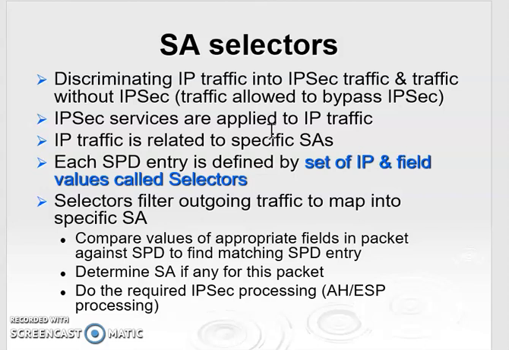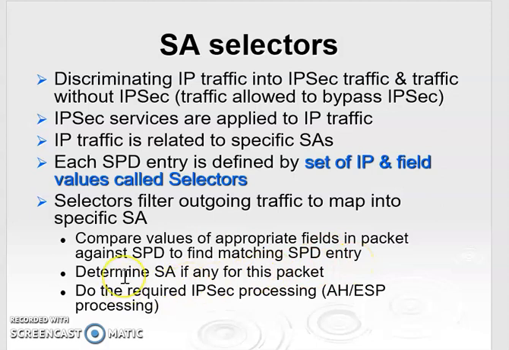Now whenever the security association is selected, outbound packet processing is carried out by this SA selection. First, you compare the values of the appropriate fields in the packet and match them against the SPD to find the matching SPD entry.